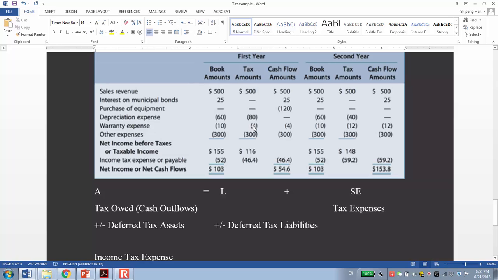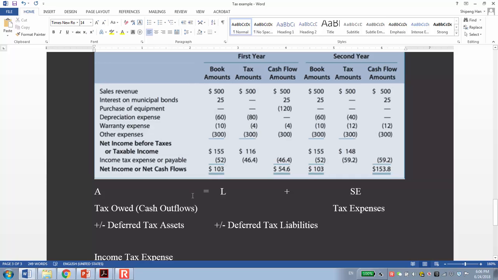So it is considered a future tax deductible. Although right now in this year you deduct less, in the future you're going to deduct more. So this is considered future deductible. The effect of future deductible results in less tax payments. So it is considered deferred tax assets.